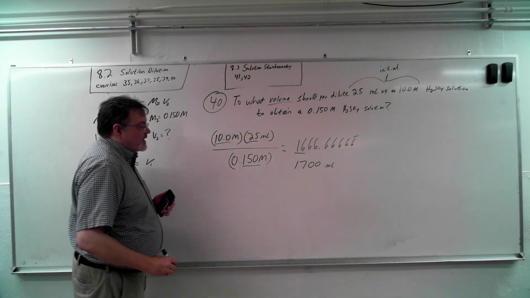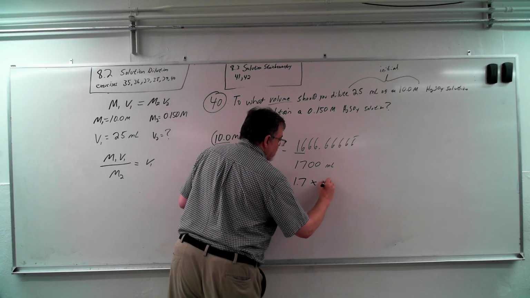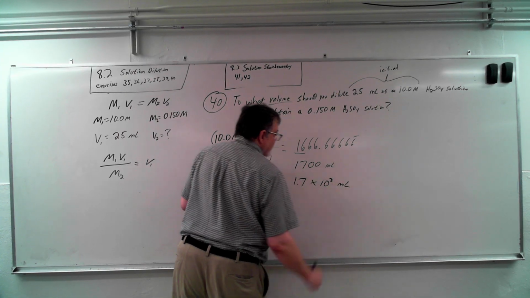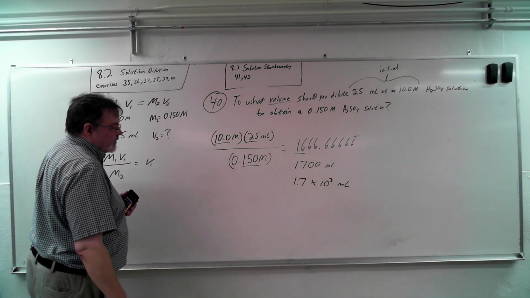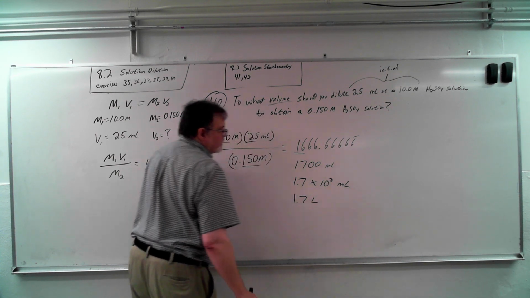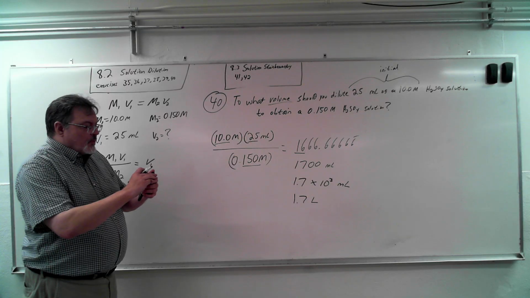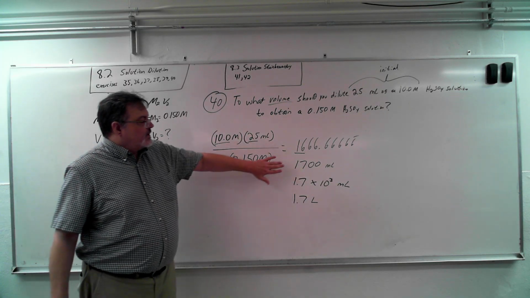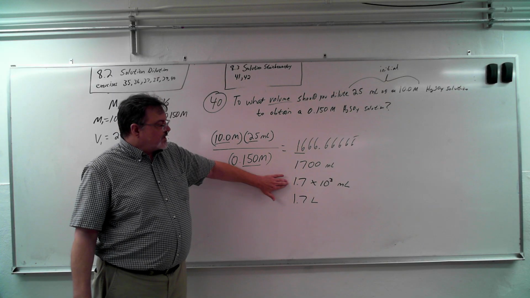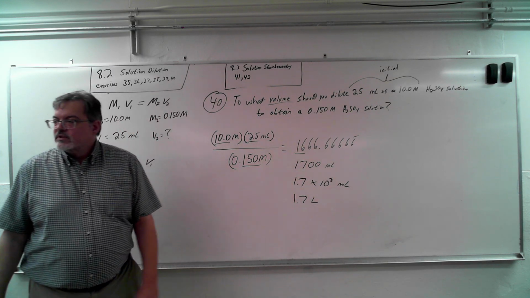If you wanted it in scientific notation, it would look like this. And if we did it in liters, it would be, so if nothing is specified more about the answer, I would just leave it at 1,700 milliliters. If it wanted scientific notation, it'd be 1.7 times 10 to the 3 milliliters. If you wanted it in liters, it would just be 1.7 liters.